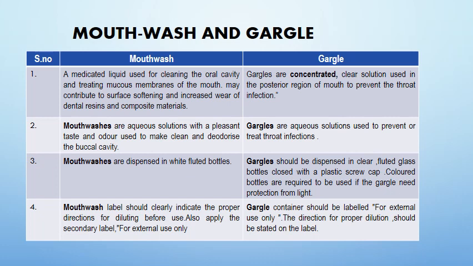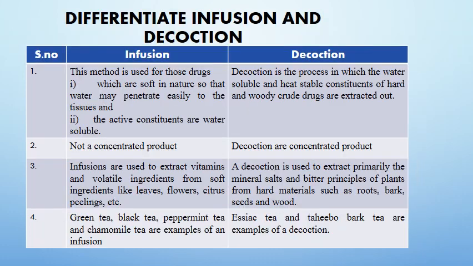Mouthwashes should be labeled as for external use only, and a proper direction for dilution should be given before use. The gargle container should be labeled for external use only, and the direction for proper dilution should be written on the label paper.